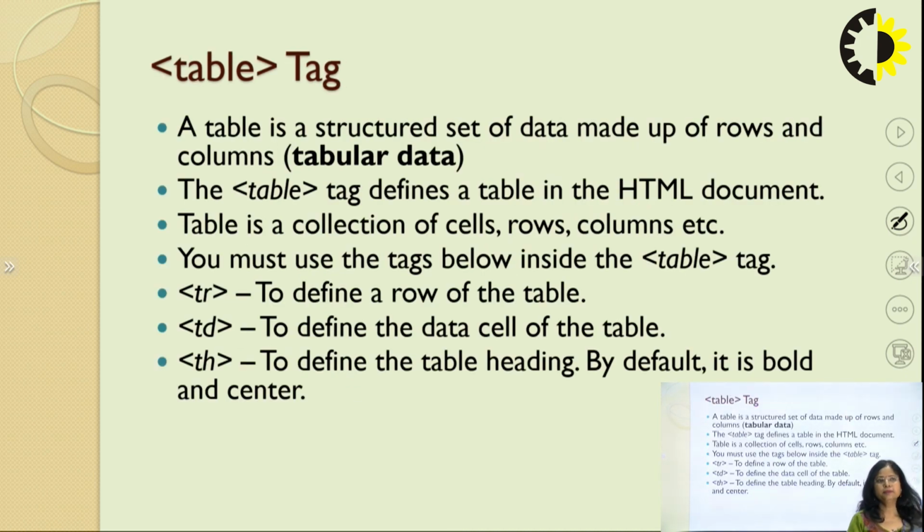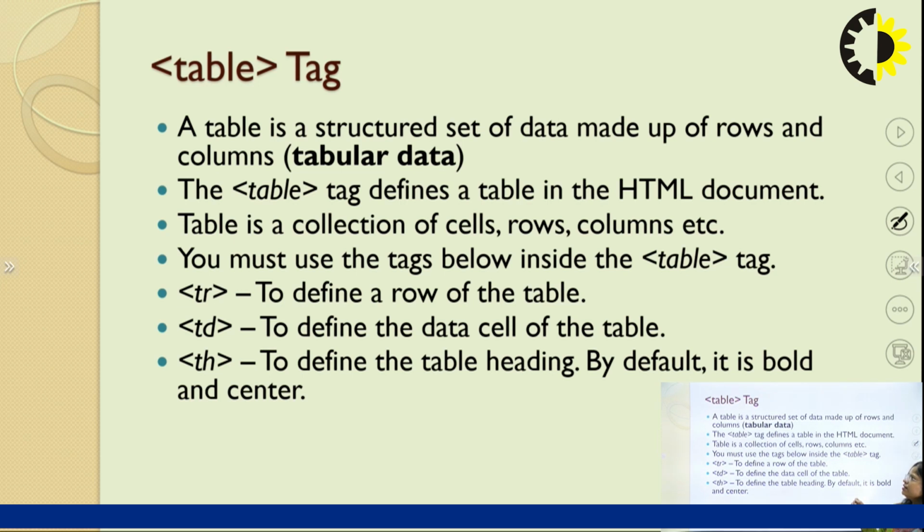Next is the table tag. The table tag is used to form structured data in the form of rows and columns, or you can say tabular data we can represent using a table tag. So, a table tag defines a table in an HTML document.